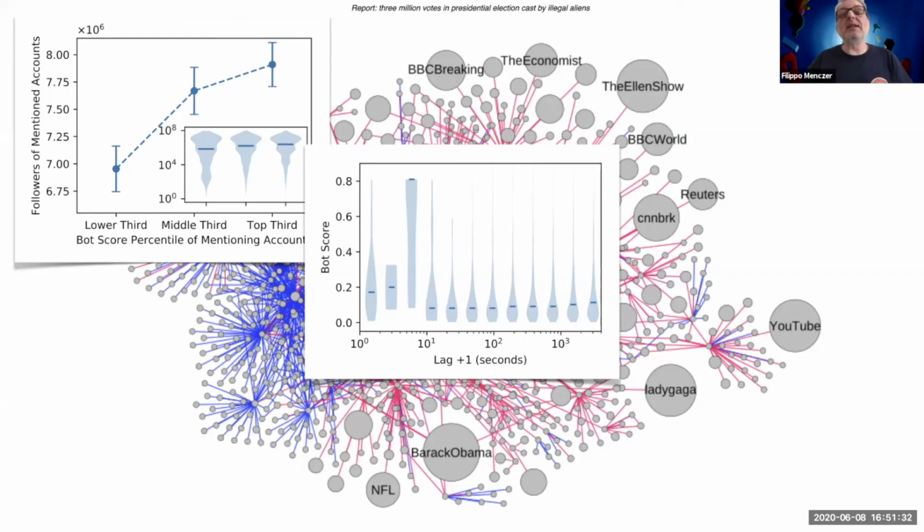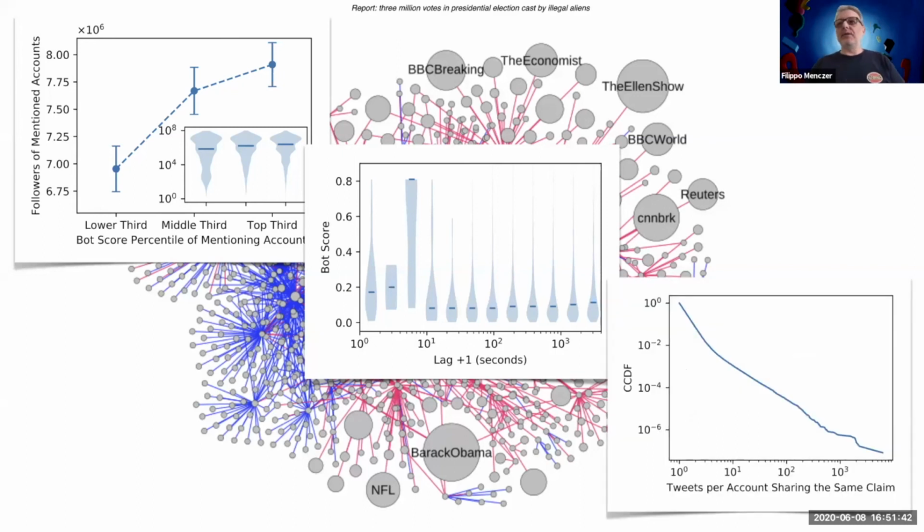So most likely these bots are coordinated with the sources. They're working together and retweeting something to inject it into the network in the early phases. And then of course, some bots were flooding the system. They would tweet or retweet the very same accounts hundreds or even several thousands of times for a single account.